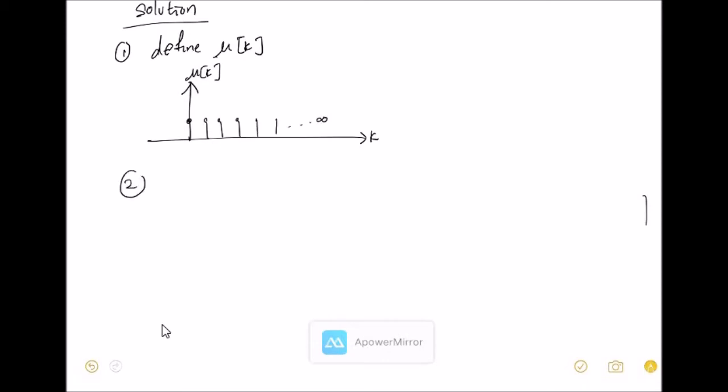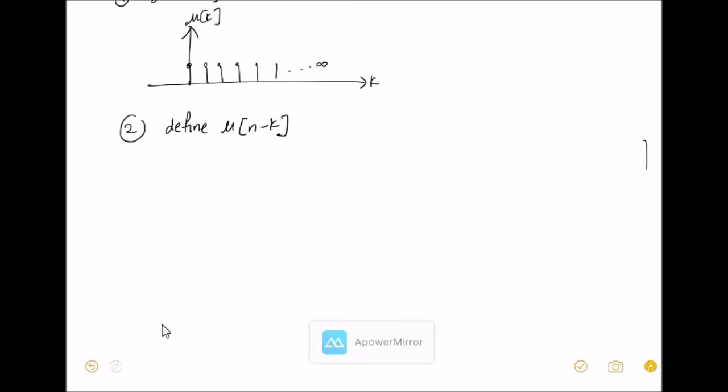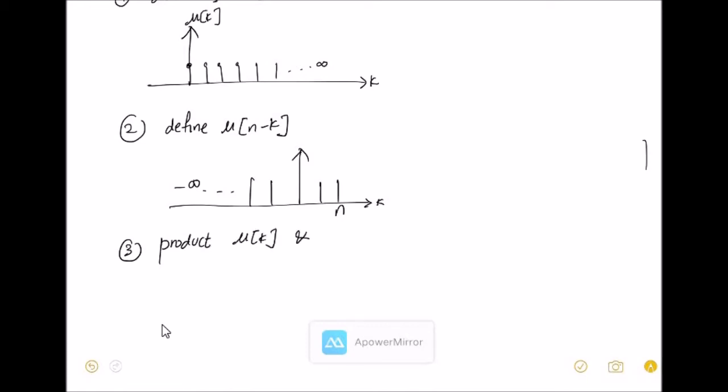And then second, define u[n minus k]. I already told you it goes from n to negative infinity. And then step 3, the product of u[k] and u[n minus k].